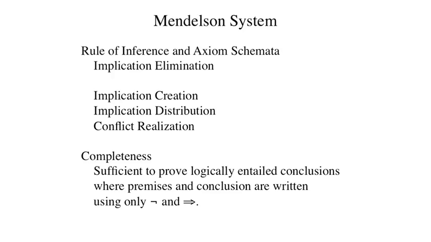And as we shall see later, this subset of sentences is interesting because for every sentence in propositional logic, there's a logically equivalent sentence that can be written in terms of these 2 operators. The downside is the proofs in the Mendelson system can be a little complicated. The good news is we can eliminate much of this complexity by moving from linear proofs to structured proofs.